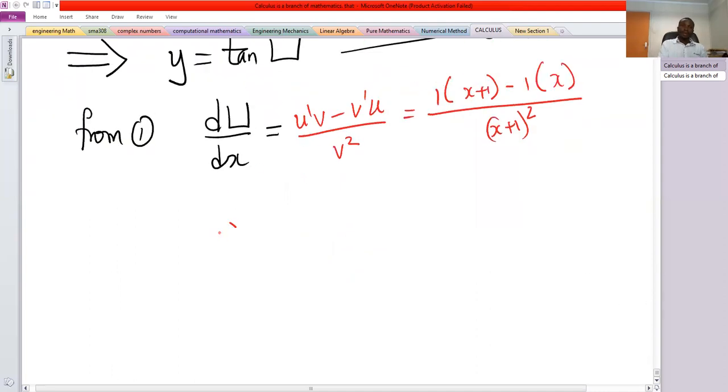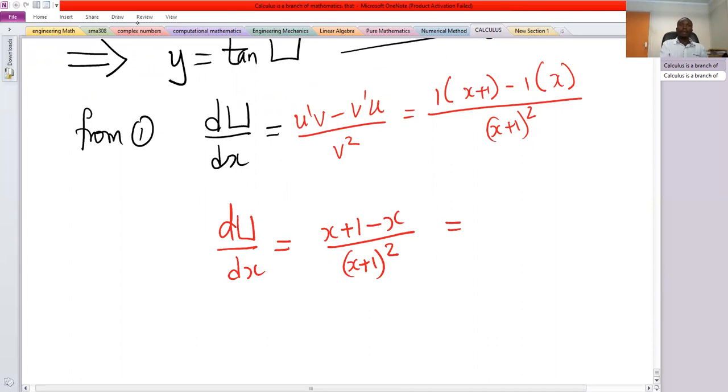So simplify, dU dx equals x plus 1 minus x over x plus 1 squared, which simplifies, this and this cancel, to positive 1 over x plus 1 squared.